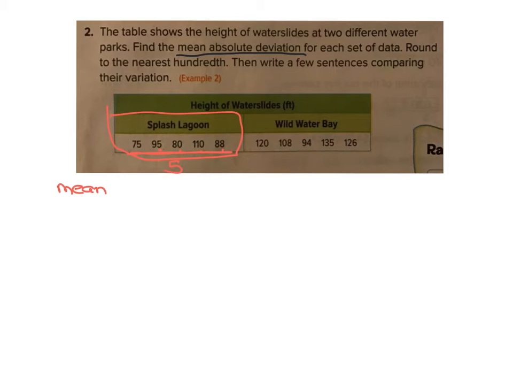So let's do that. 75 plus 95 plus 80 plus 110 plus 88 equals 448, and when you divide that by 5, you get a mean of 89.6 feet. So the average height of a water slide at Splash Lagoon is 89.6 feet.